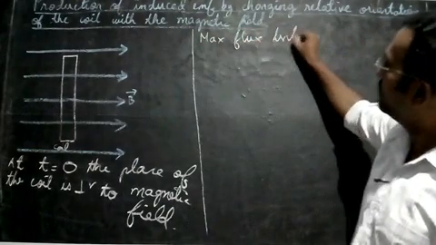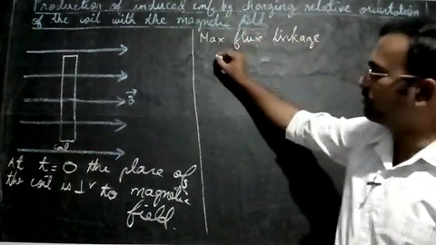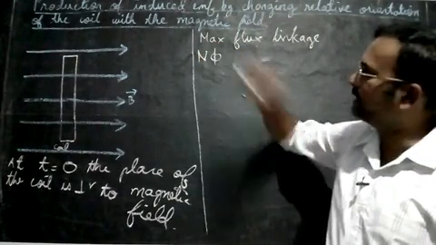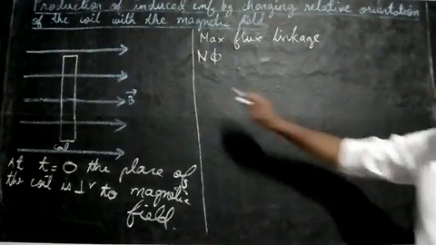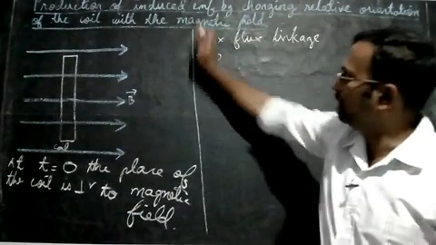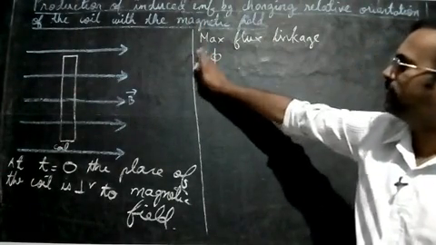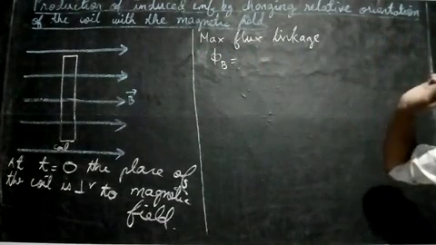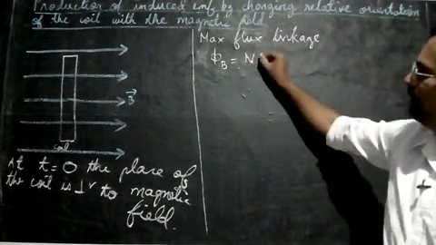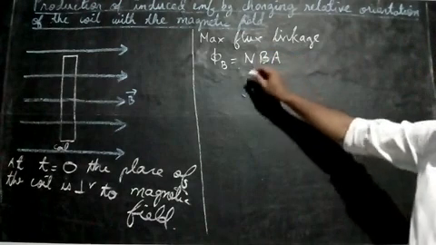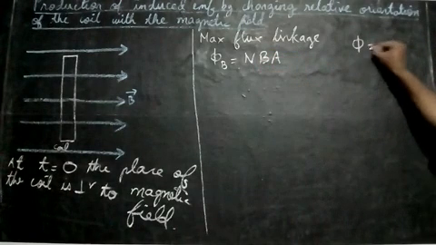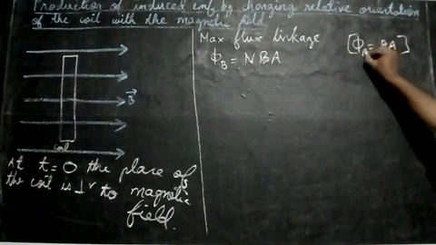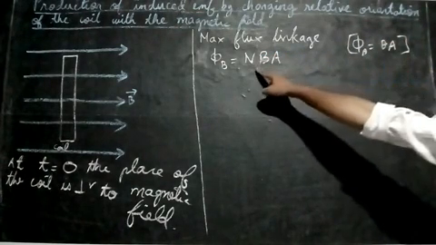The flux is phi B, and the flux linkage will be equal to NBA. Actually, the flux formula is phi B equal to BA only, but we have n number of turns, so we multiply by n.